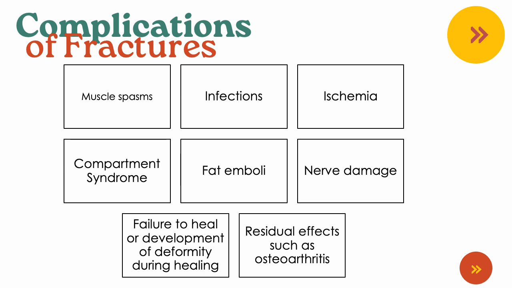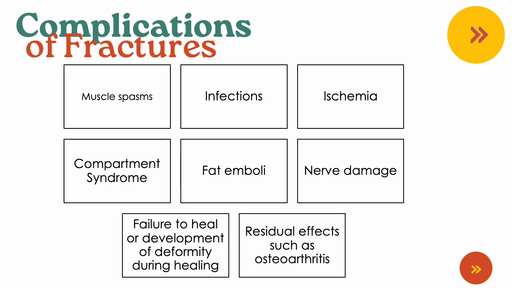Another one to look out for is called fat emboli, and this is where you have fatty marrow that escapes from the bone. Again, you do have marrow that is inside the bone, and if it escapes into a vein, you can get issues that travel to the lungs, such as a fat emboli. They can cause respiratory distress syndrome.